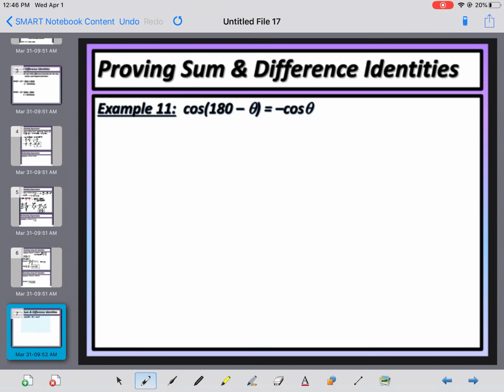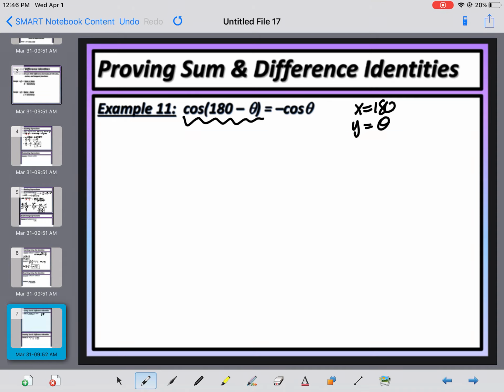We can also do proving, way back to 4.3, 4.4. We could prove using these identities now. The left side here, I have a difference of cosine. That means that x equals 180 and my y is just theta.